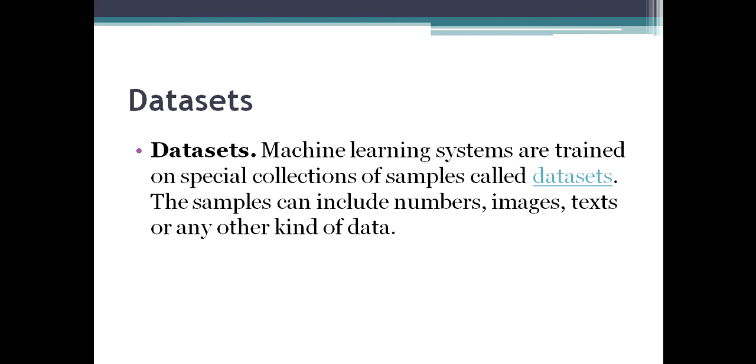Don't forget, an image is also important data, with the help of which we can do object detection, and a famous example is tumor detection. So these are the different types of data sets.